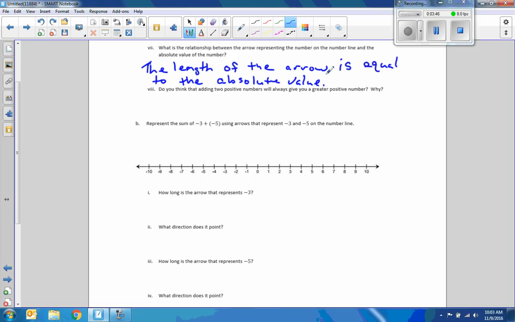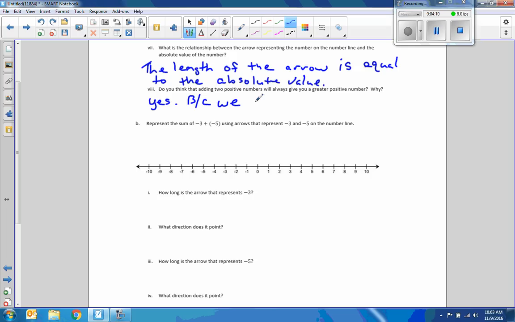Of that number. Do you think that adding 2 positive numbers will always give you a greater positive number? Why? Okay, the answer is yes, because 2 positive numbers, absolute values will be positive, their sum will be positive, so we're moving to the right.